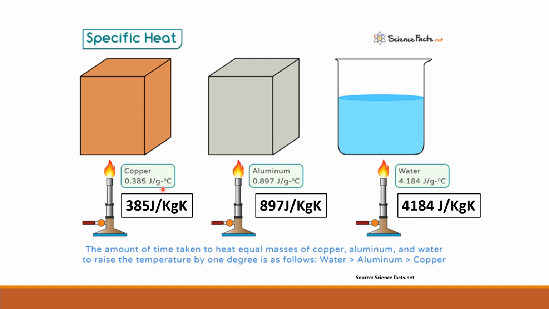In copper the temperature rise is quicker as compared to water, and the heat energy stored in water is very much higher because of specific heat. Specific heat of copper is 385 joule per kilogram Kelvin, aluminium 897 joule per kilogram per Kelvin, water 4184 joule per kilogram per Kelvin.